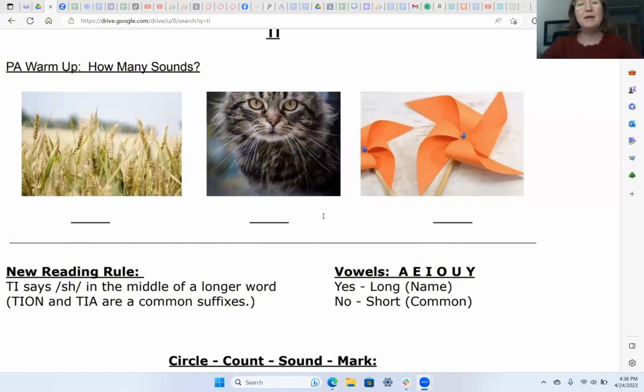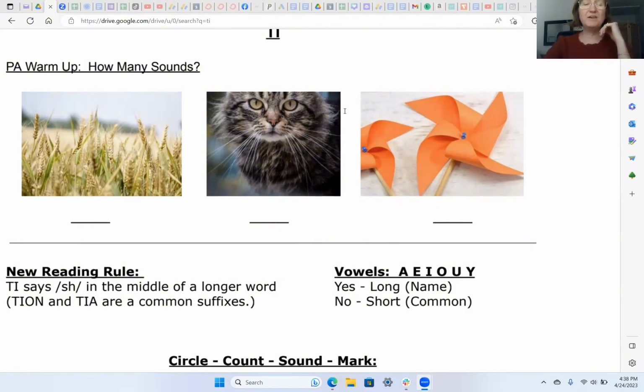Okay, a little longer one. How many sounds in pinwheel? Getting a lot of different answers on this one.